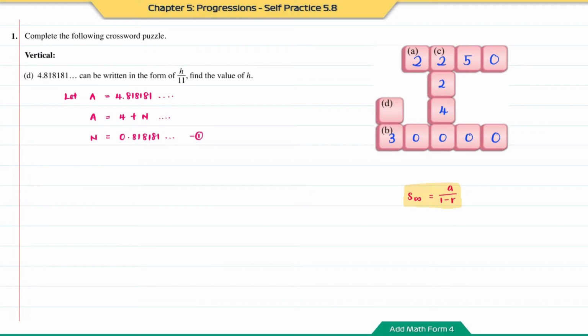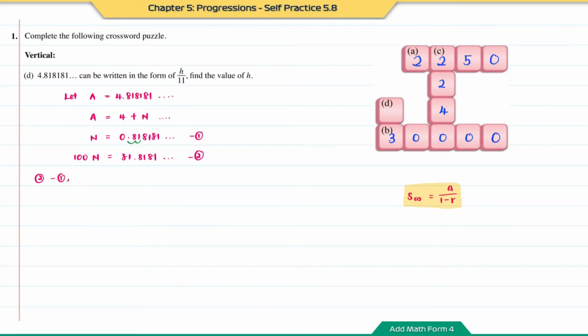Next, the repeating part here is the 81. So I'm going to move 2 places to the right hand side. By doing that, we are actually multiplying 100 on both sides. So 100n equal to 81.8181 and so on. This one we're going to label as equation number 2. Next, I'm going to use equation 2 minus equation 1.